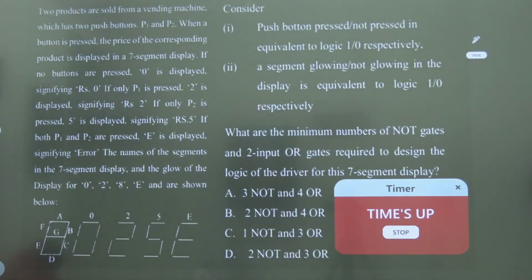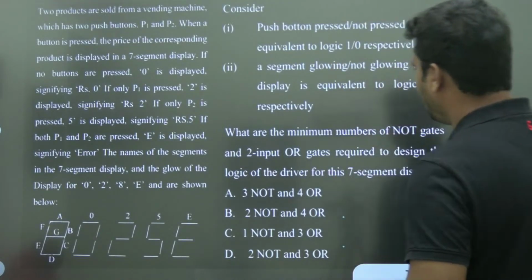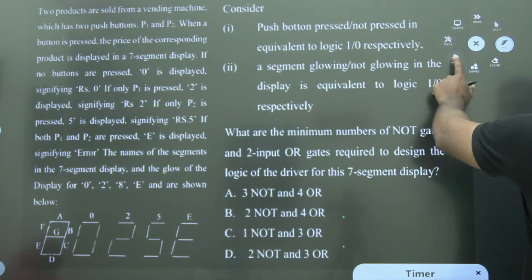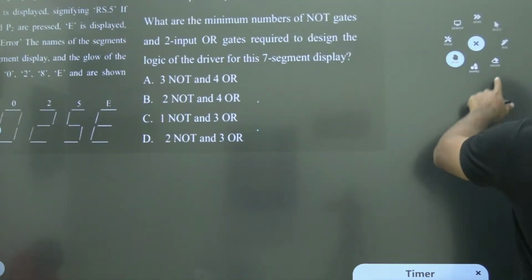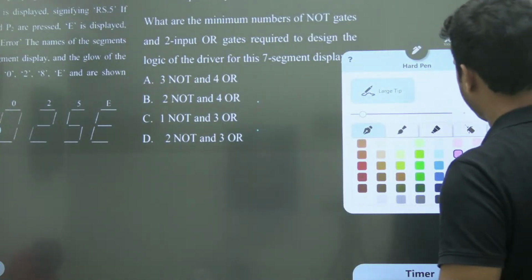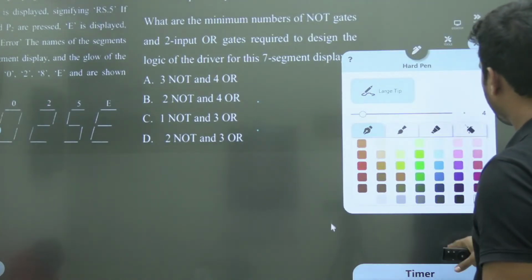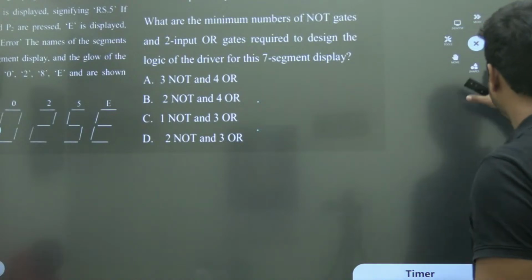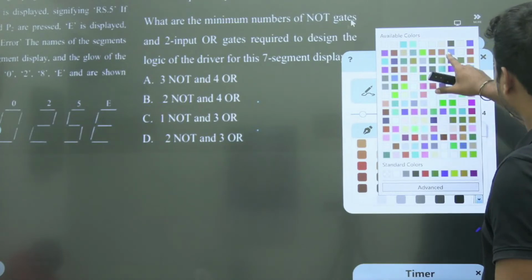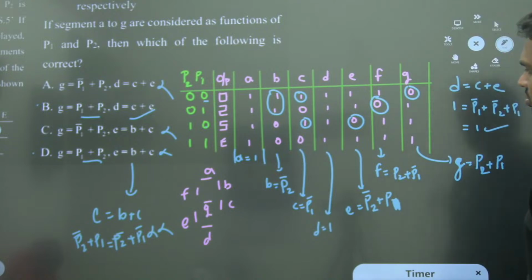Time up. It's not a great difficulty. Already we have done the main part easily. So, what is your A1?